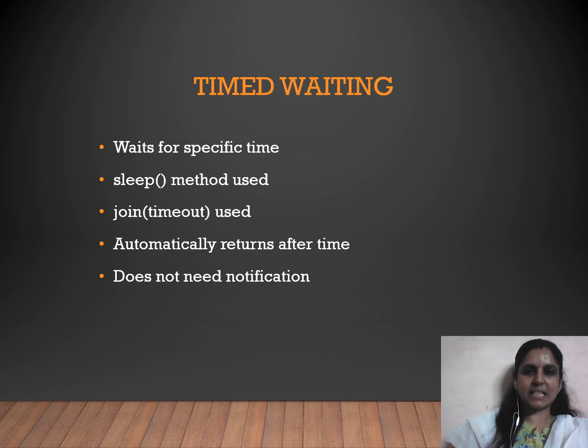The next state is timed waiting. Thread state for a waiting thread with a specified waiting time. A thread is in the timed waiting state due to calling one of the following methods with a specified positive waiting time. The first one is Thread.sleep. The next one is Object.wait with timeout.